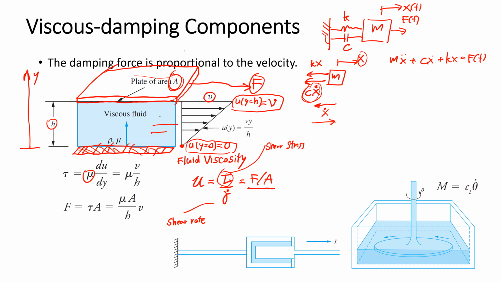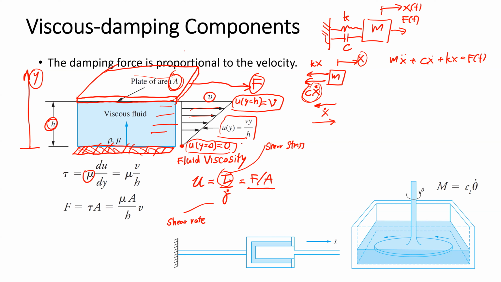Between the layers of the fluid, we have the linear propagation. So the velocity for each layer is proportional to the height: u equal to y divided by h and multiplied by v.